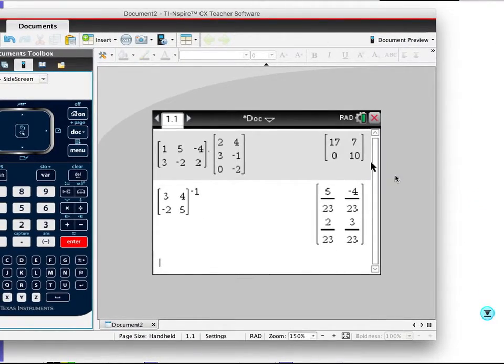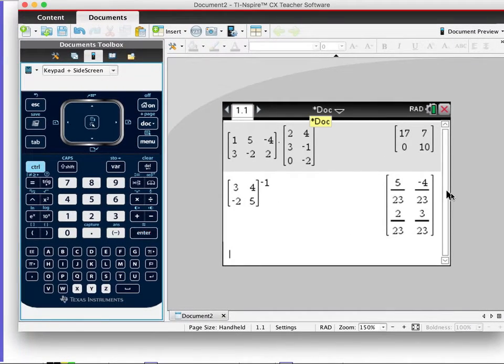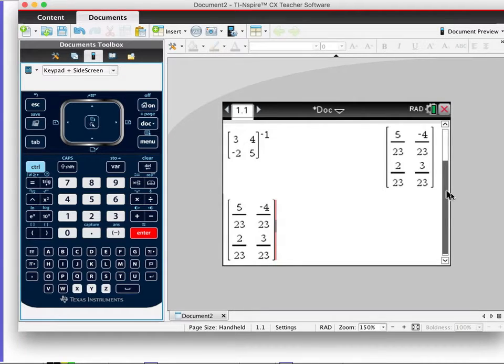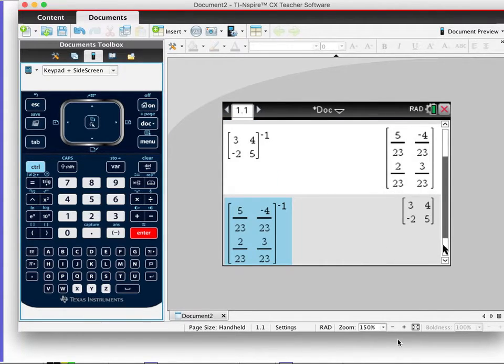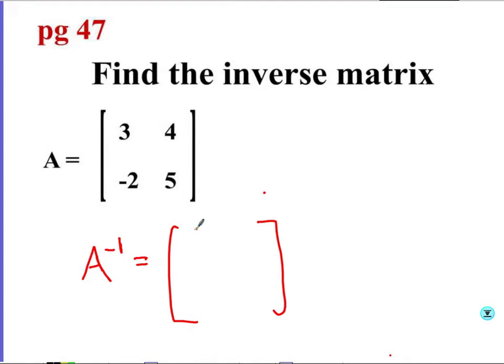So that is how you get the inverse of a matrix, simply by hitting the caret symbol and putting in -1. Notice if we take the inverse of this matrix, it gives me back the original matrix. But the important thing is to know how to find the inverse of a matrix using your calculator.